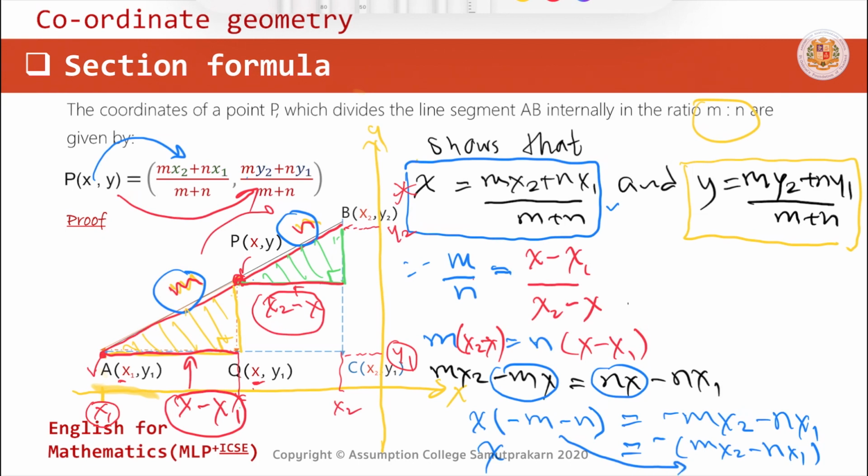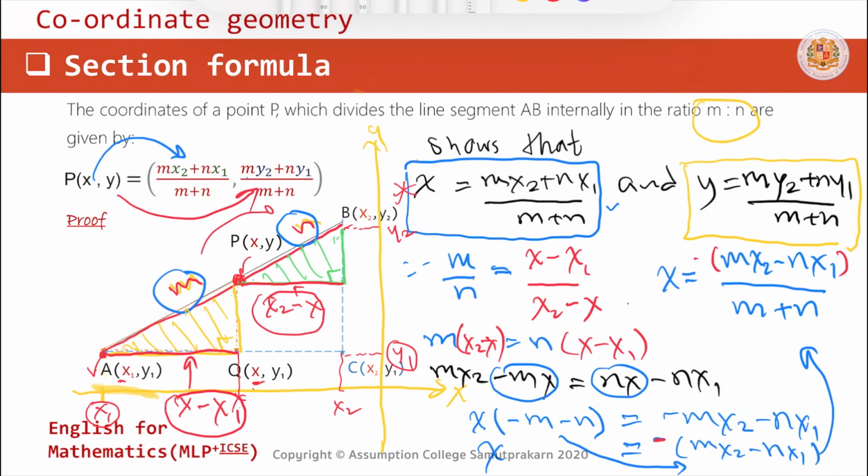And then let me write it up there. So x is going to be mx2 minus nx1 divided by m plus n, because you can maybe put that form here.